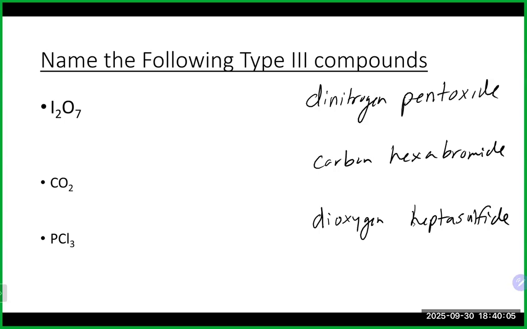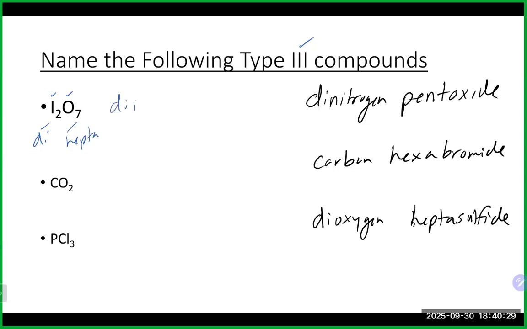All right, let's take a look at these. These, again, really should be probably the quickest ones you do. There's not much to figure out other than sort of pick the right prefix. So I see I and O, which is 2 nonmetals, so that checks off the type 3 box. I just need to figure out what prefixes I want. So 2 is di, 7 is hepta, and now we just need to put it together correctly.